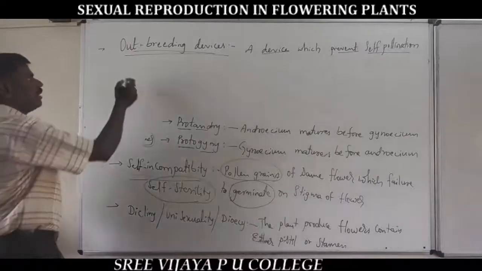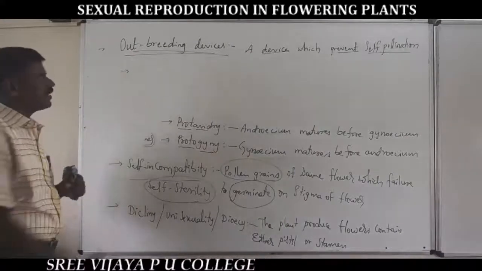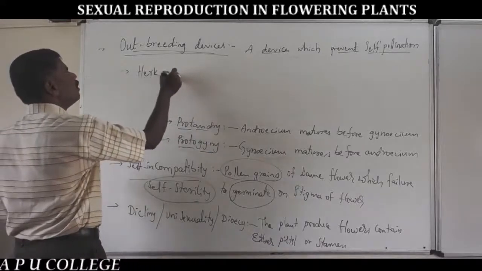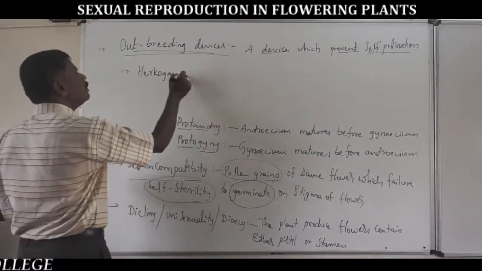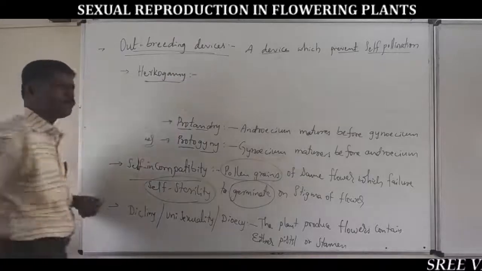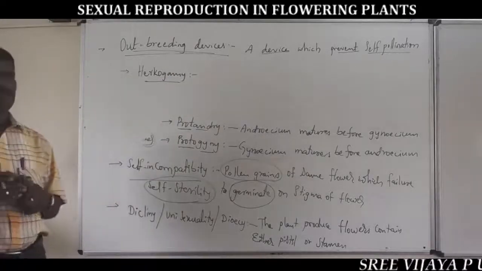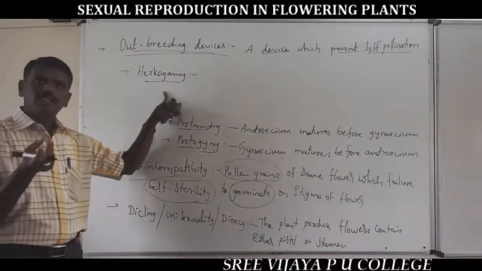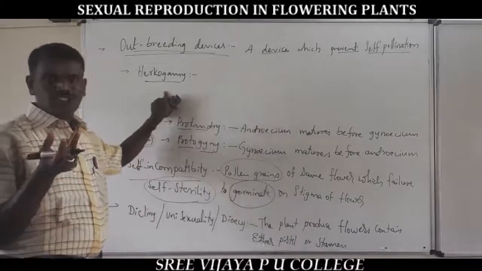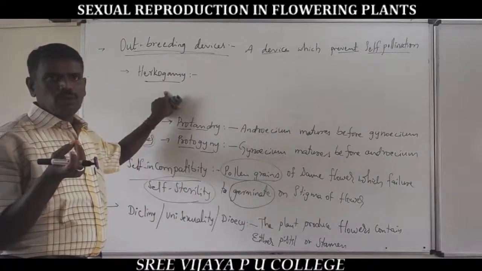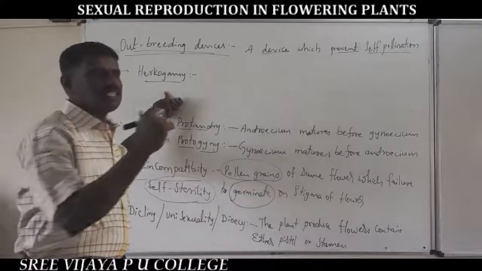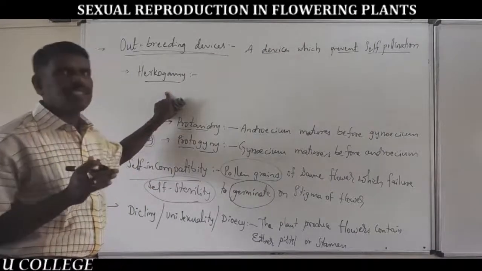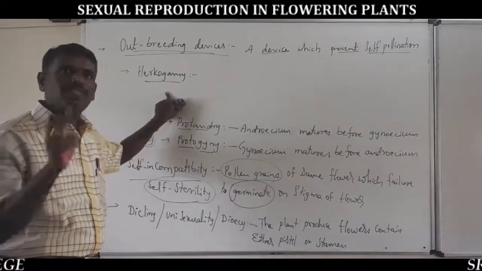Another outbreeding device is herkogamy. It is nothing but certain small tumor-like structures that grow on the stigmatic surface and prevent the germination of pollen grains.